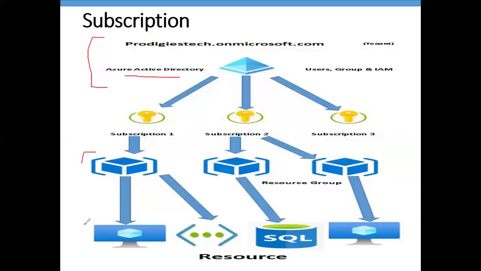So right now we are learning about this part. These are called resource groups, and under our resource group, we are going to create resources. So the next service which we are going to start now is virtual machine. We are going to discuss this part now. In our upcoming session, we will discuss the upper part.